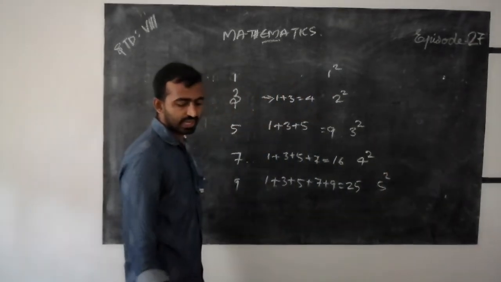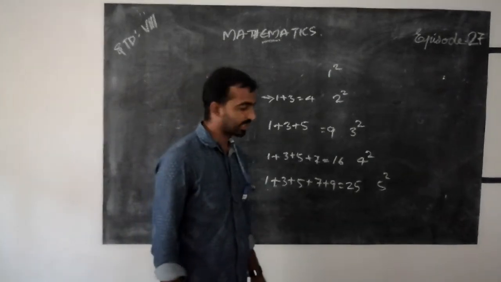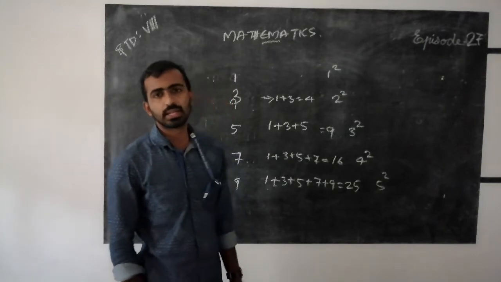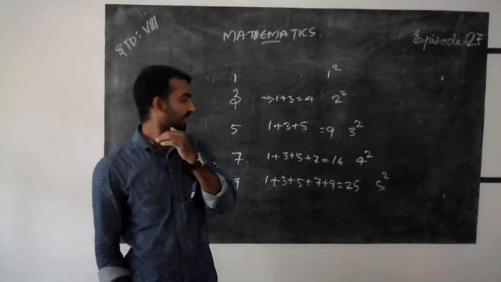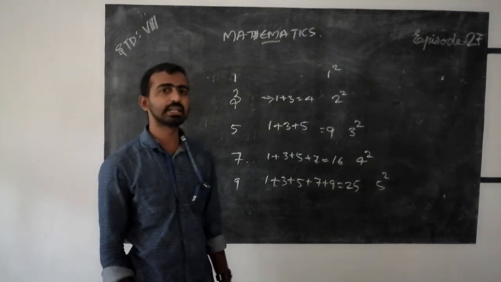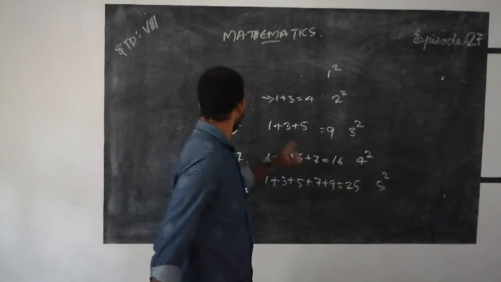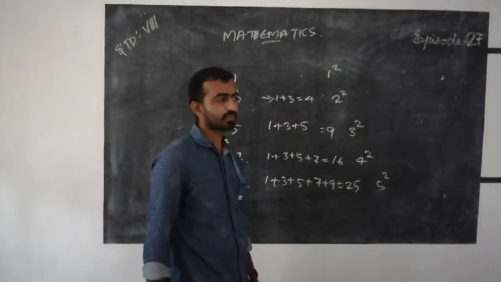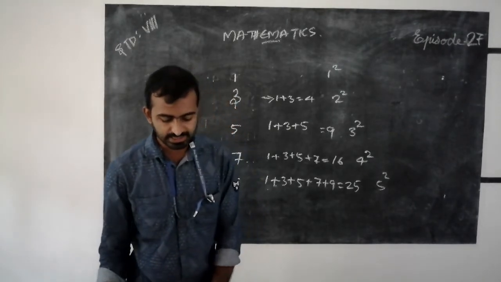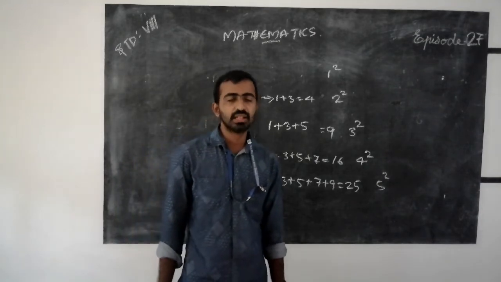Following like this, next we add 11, and the sum of 1 plus 3 plus 5 plus 7 plus 9 plus 11 is 36, that is 6 square. That means, what is the sum?